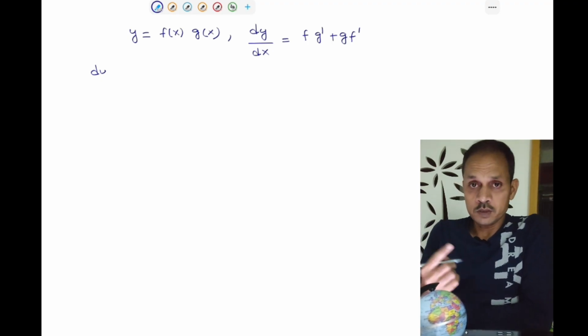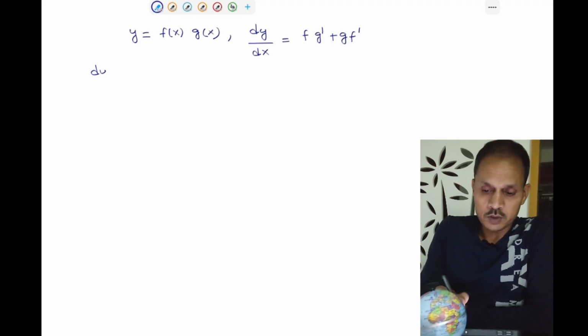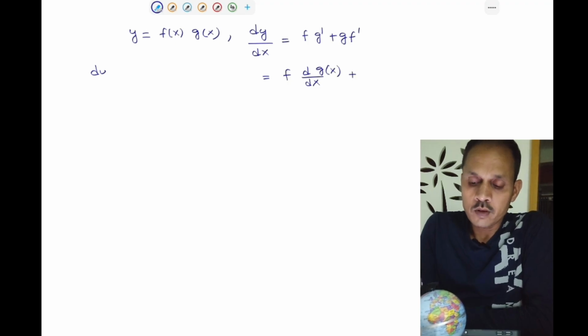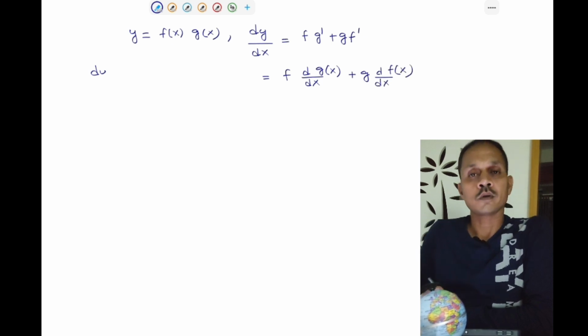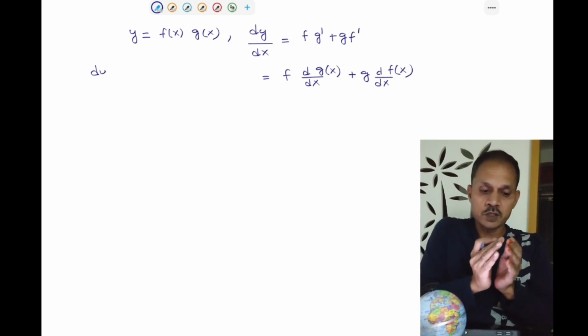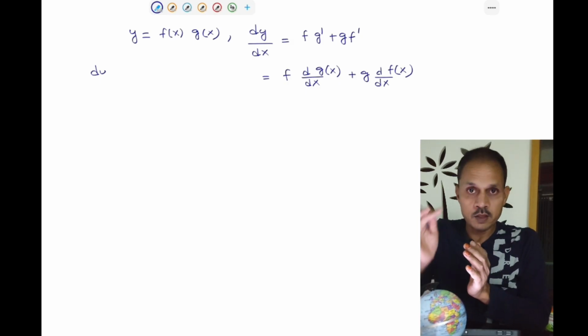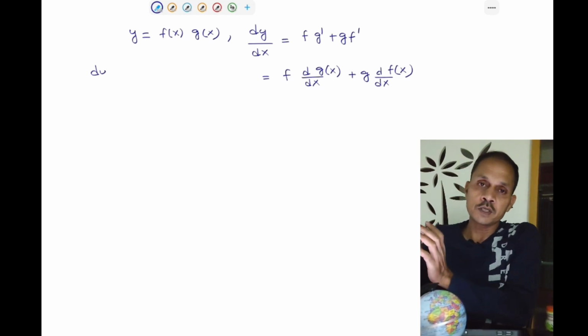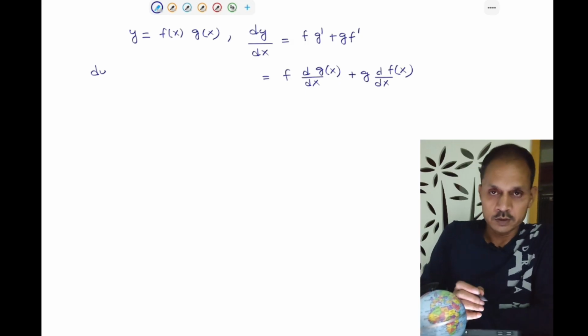You can also write it like this: f into d by dx of g of x plus g into d by dx of f of x. It means keeping one function as it is and differentiating the other function, plus keeping the other function as it is and differentiating the first function.